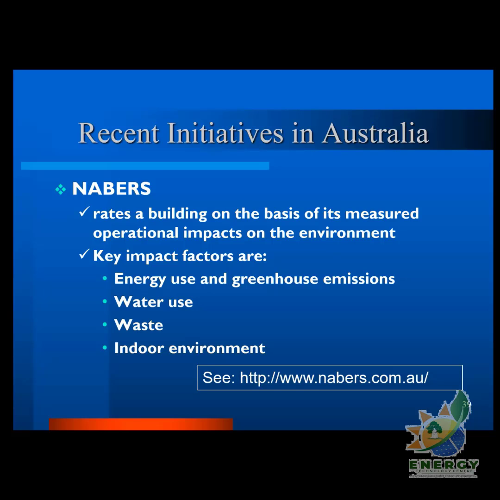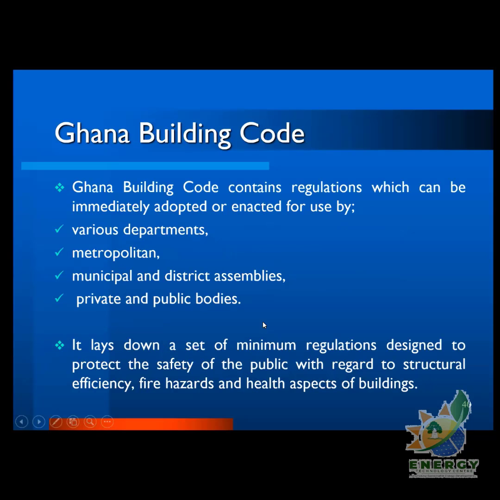The key impact factors are energy use, water use, waste, and indoor environment. Now, these provisions are very, very important, and it has helped in terms of energy use in buildings.